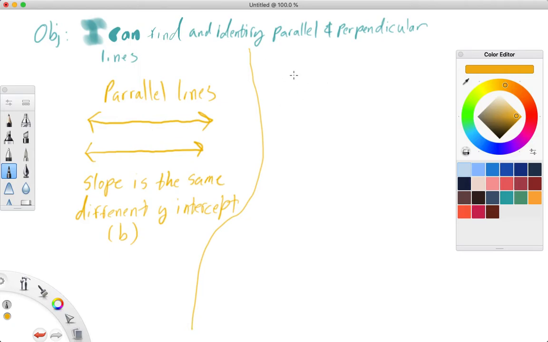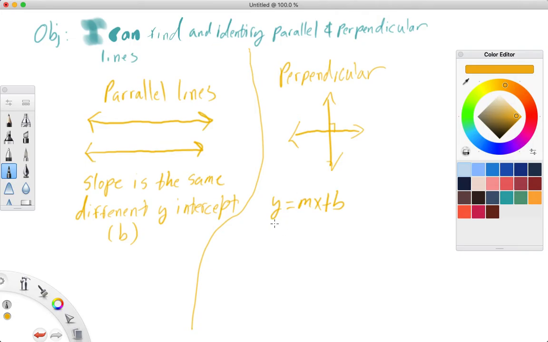And then our perpendicular lines cross at a 90-degree angle. How do we know from an equation if they're perpendicular? Well, if we have y equals mx plus b, then our slope is going to be the opposite inverse.